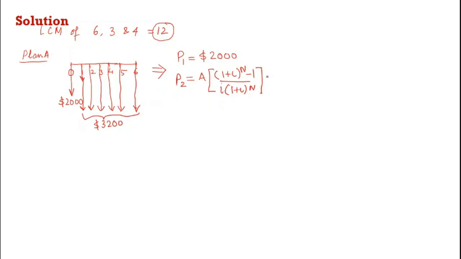If I write down the numerical values, A is given as 3200, times 1.07 to the power 6 minus 1, over 0.07 times 1.07 to the power 6, since the interest rate is given as 7%.